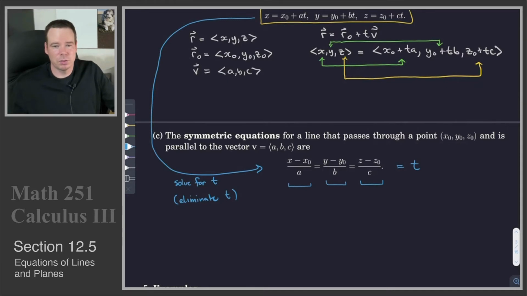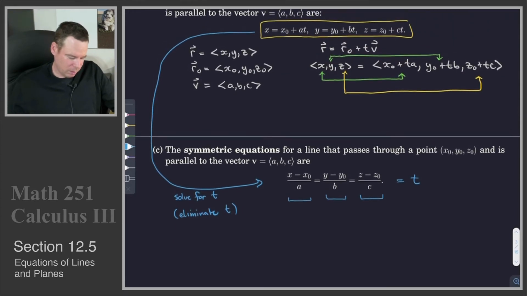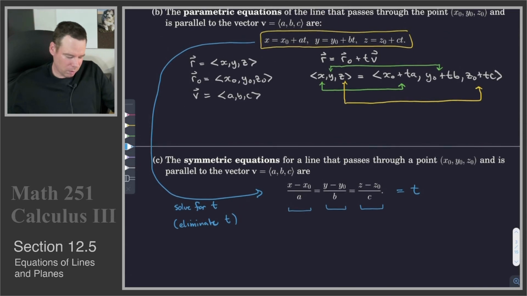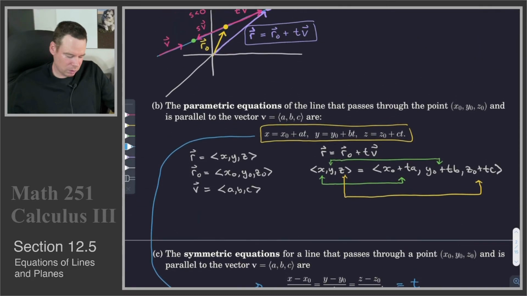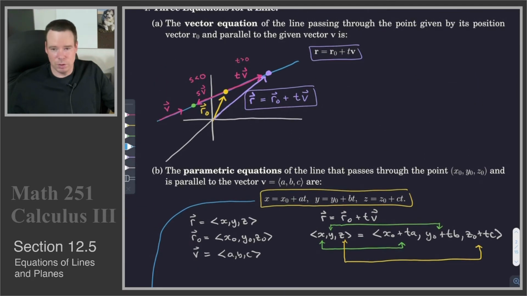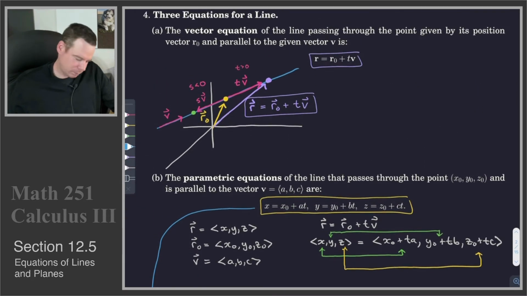So this is a way to describe a line without using a parameter. We will rarely ever use the symmetric equations. I'll do one example where we write them down, but we're hardly ever going to use them. We're mostly going to be focused on the parametric equations or the vector equation, which I first gave up above.